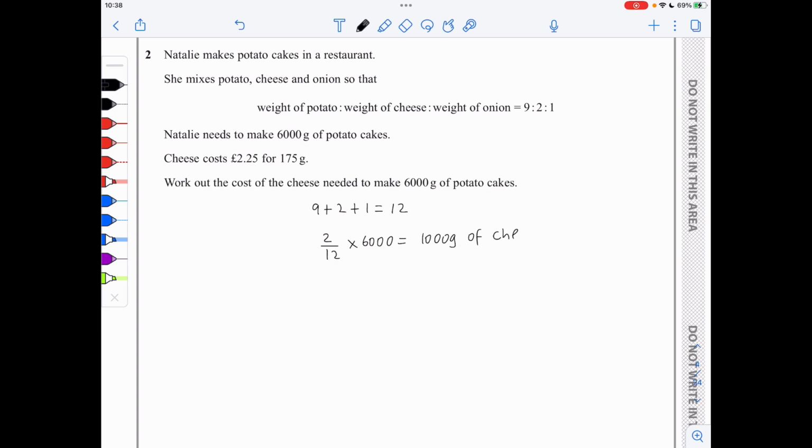Now there are 2 ways to approach this. You could either say that if 2.25 pounds can buy me 175 grams, how many pounds to buy 1,000 grams? So x is 2.25 times 1,000 over 175, which gives an answer of 12 pounds and 86 pence.